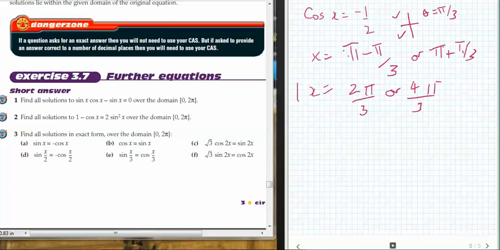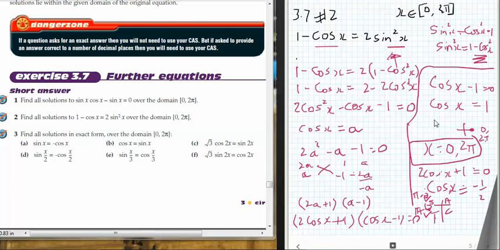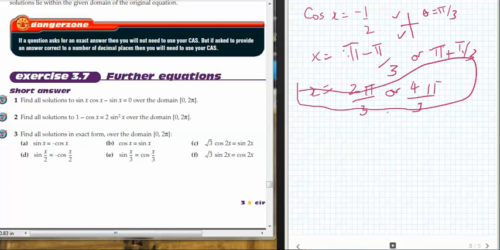Now that gives me 2 more answers, and if I look at my 2 answers that I found for the other factor, 0, 2 pi, 2 pi on 3 and 4 pi on 3 are the 4 solutions that satisfy that question.